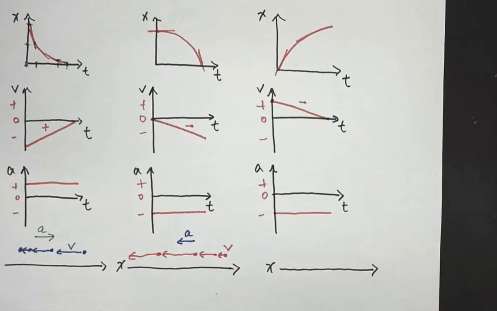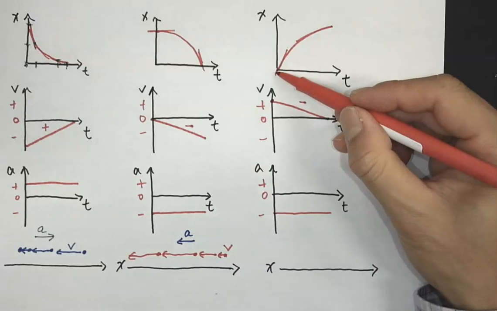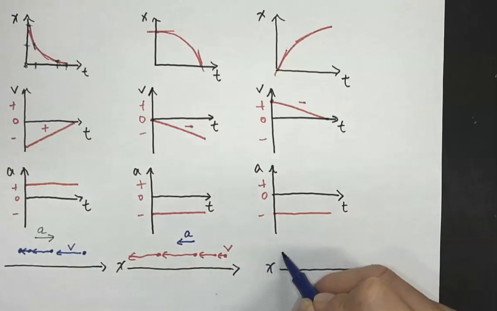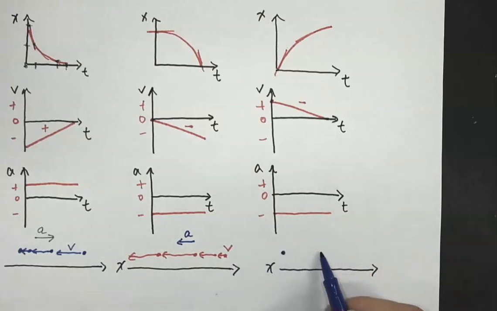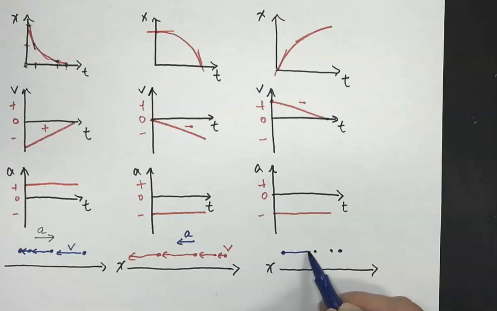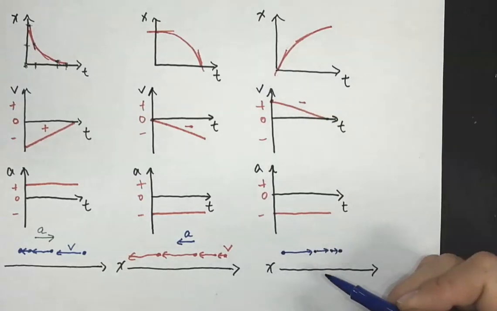Okay. So what does this mean here? So on the motion map, this is telling us that it's moving in the positive direction. I'm going to start over here on the left. Okay, I messed up my color coordinating here, but let's go ahead and do blue here. And it's actually slowing down. Dots are getting closer and closer. It's slowing down away from the origin.